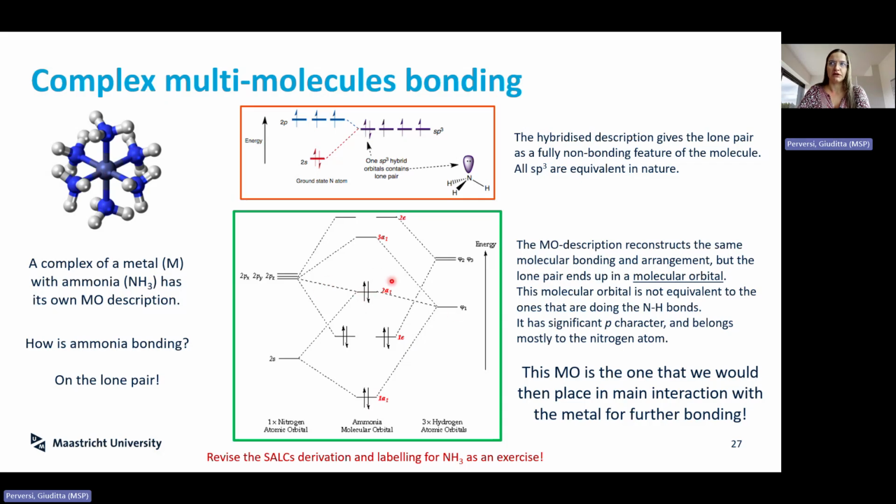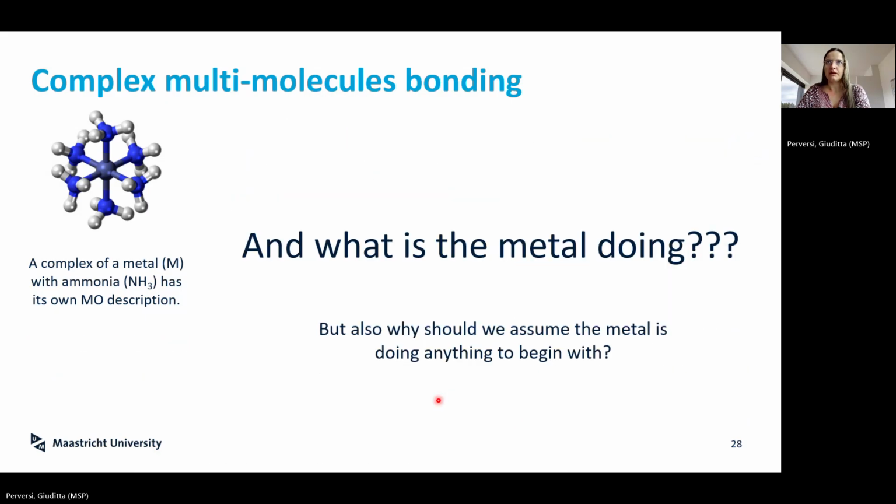So this one is the one that you use to do all of your other considerations. So we need to be able to get the molecular orbital. I will advise you to re-exercise the SALCs and the derivation of molecular orbital diagrams of sensible molecules from SALCs, using also ammonia as an example, including getting the labels.